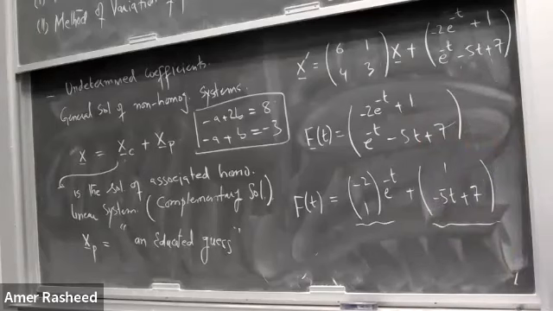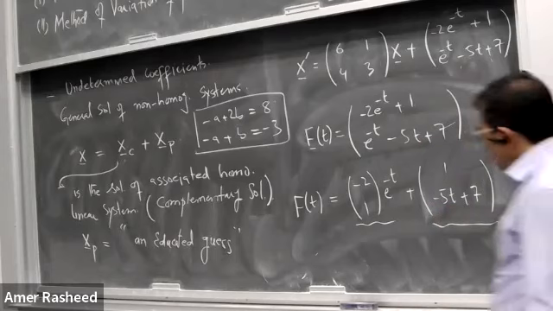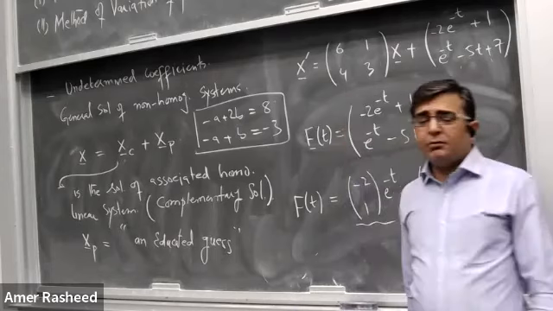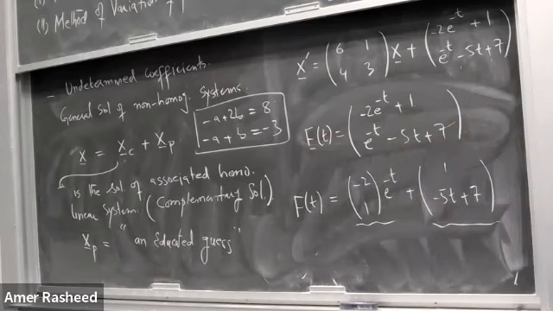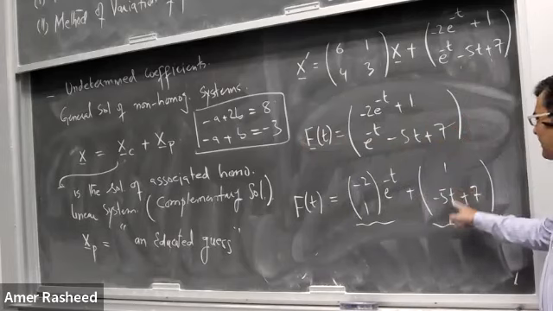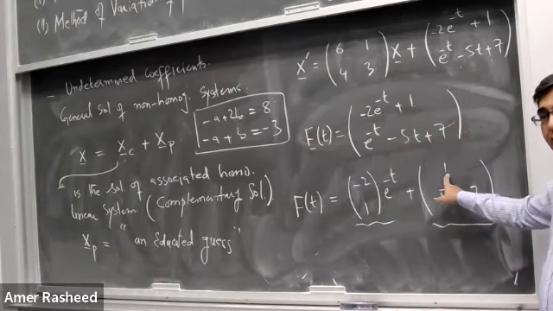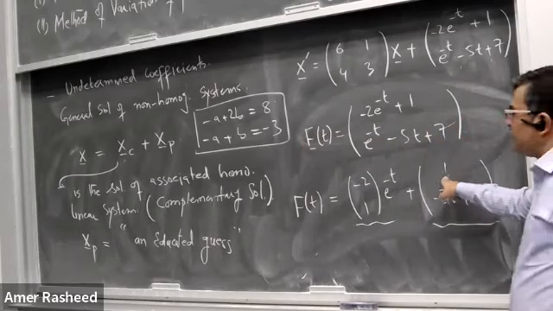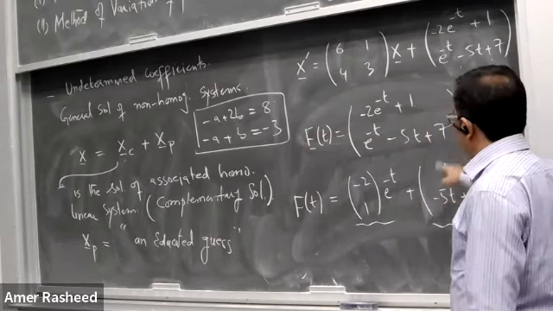The first part contains the exponential function, and the second part contains the polynomial of degree 1. Here we have a polynomial of degree 0, but still we can consider it a polynomial of degree 1 as a whole.